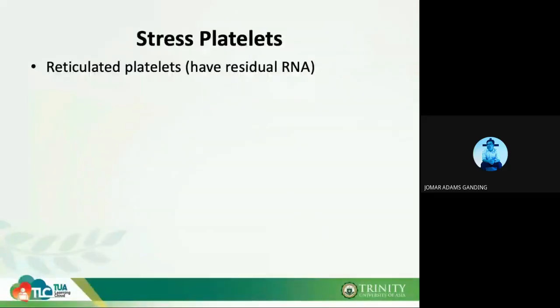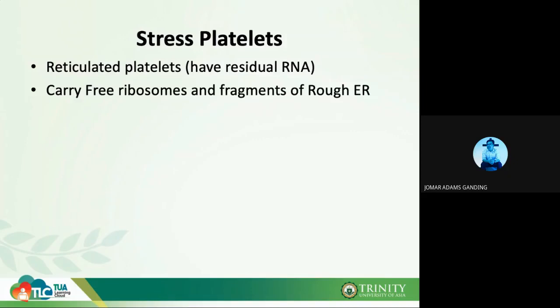These are your reticulated platelets, in a sense that they still have residual RNA on their cytoplasm, or on their hyalomere. These stress platelets carry free ribosomes and fragments of rough endoplasmic reticulum. So as you can see, meron pang RNA, meron pang ribosomes and rough ER.